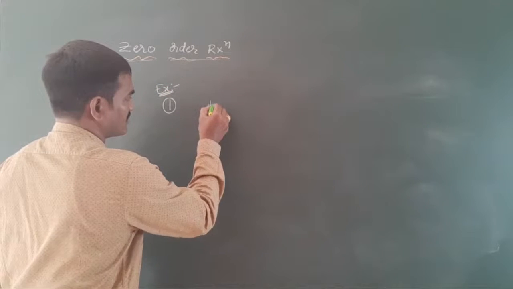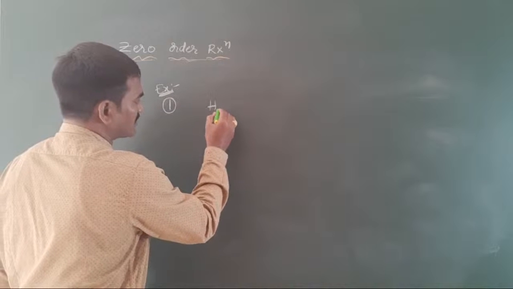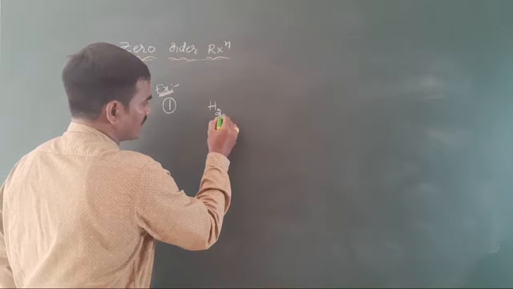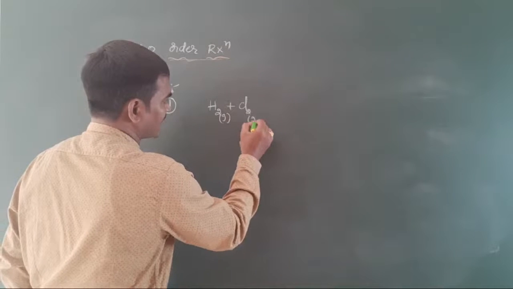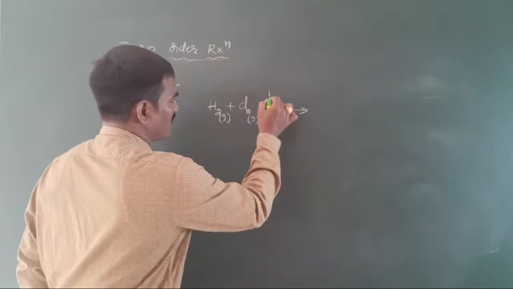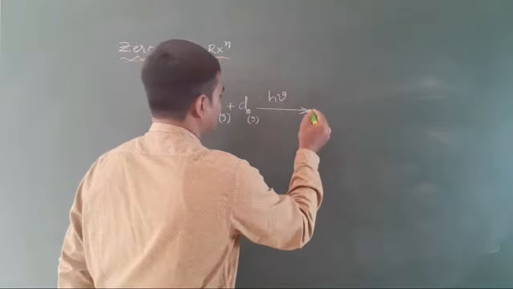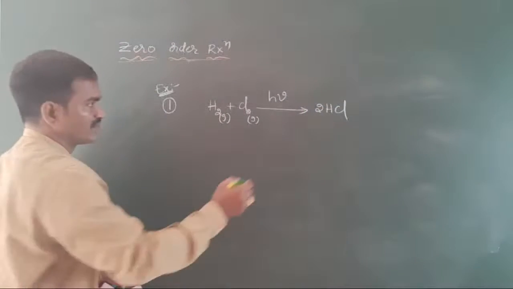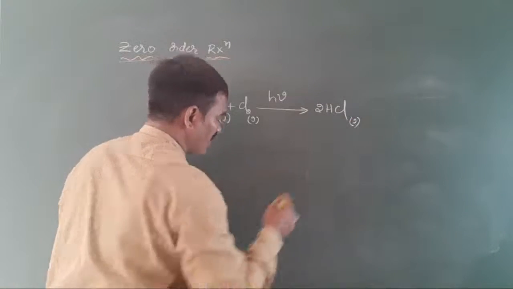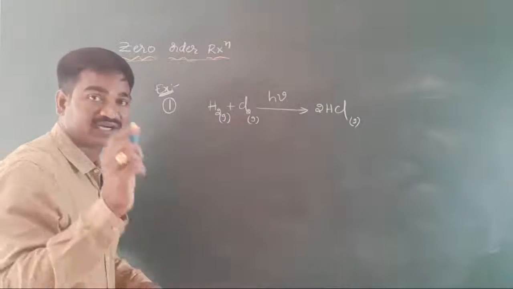Photochemical reaction. So photochemical reaction: H2 gas plus Cl2 gas in the presence of light. You can take it like this. Here you see this is also gas. Here you have to focus on one important point.